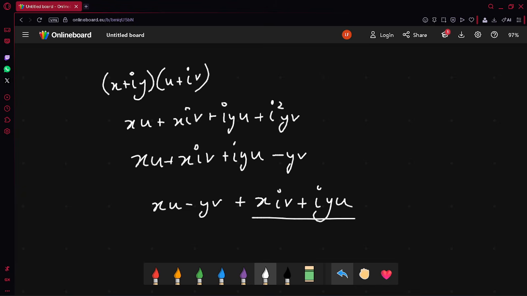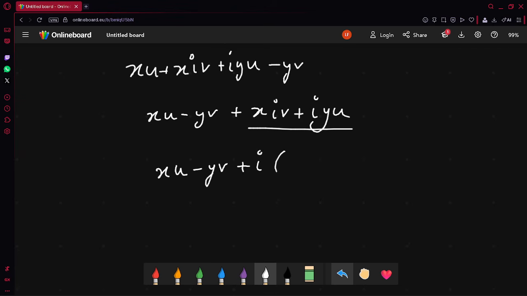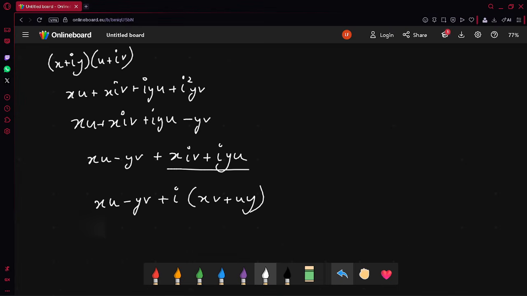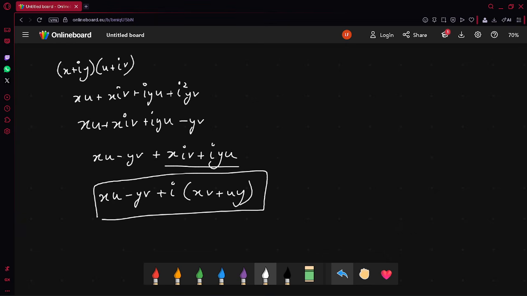And you can see we can factor out an i here. So you get xu minus yv plus i times xv plus uy. So you could remember this formula for when you're multiplying two complex numbers, but that's really not necessary because you can just multiply.